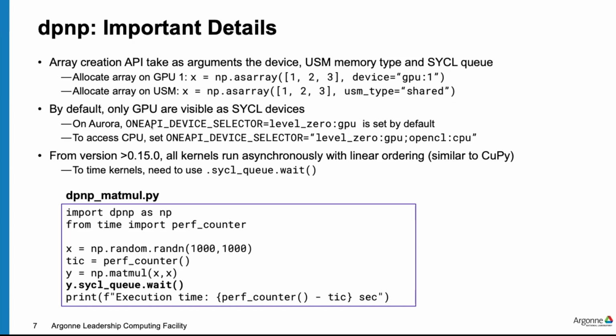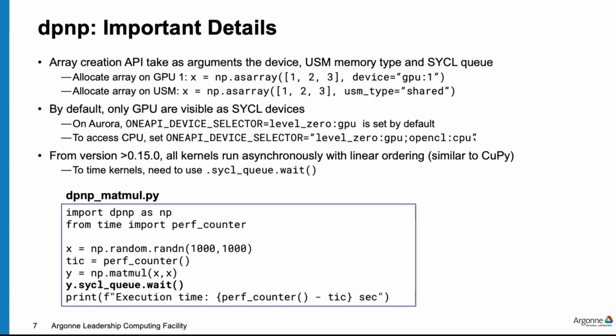The other thing is that on Aurora, the only SYCL devices that are visible are actually the GPUs. So this one API, the ONEAPI_DEVICE_SELECTOR environment variable, is set to level_zero:gpu. So that means that actually by default, you cannot allocate arrays with something like DPNP on the host. But you can just modify this environment variable to include not just level_zero:gpu, but also the string opencl:cpu.